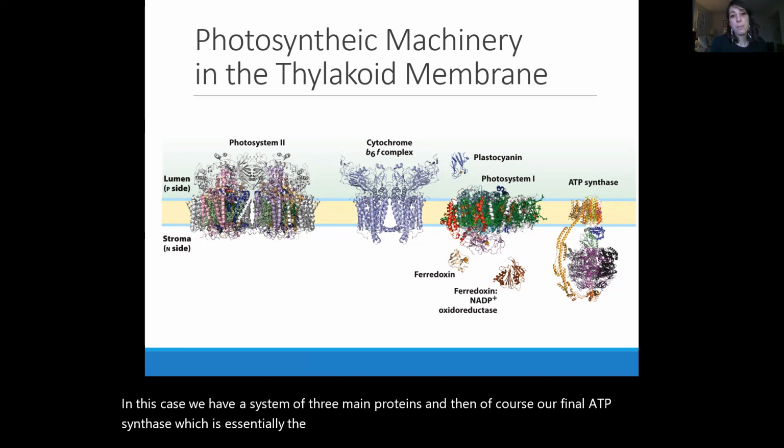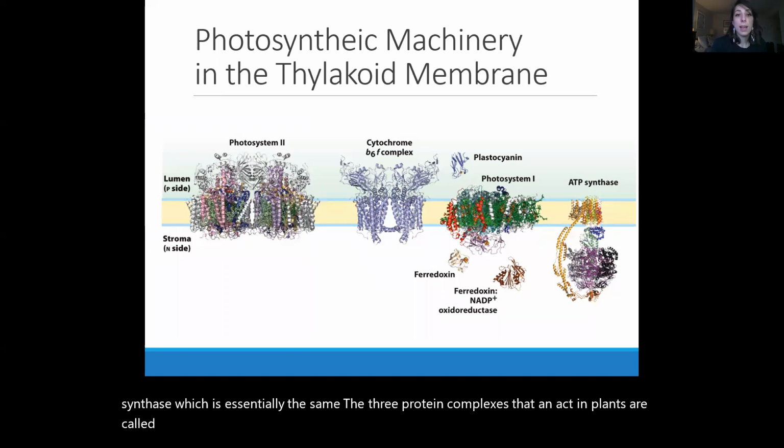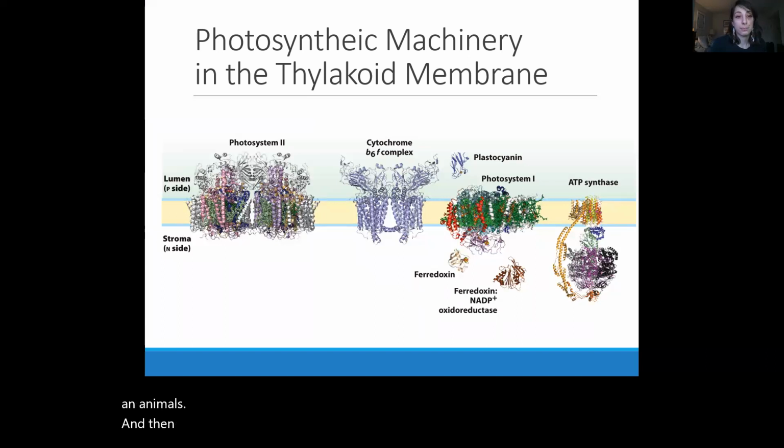The 3 protein complexes that act in plants are called photosystem 2, cytochrome b6f complex. This is similar to our cytochrome c complex in animals. And then photosystem 1.